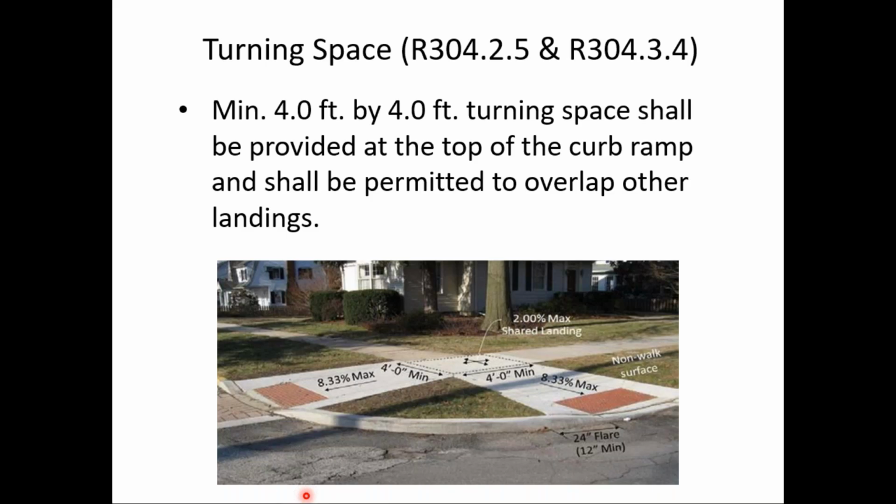Turning space or landing. The final rule calls it landing. Minimum 4 foot by 4 foot turning space needs to be provided at the top of the curb ramp. And these can overlap where one landing can serve 2 ramps.